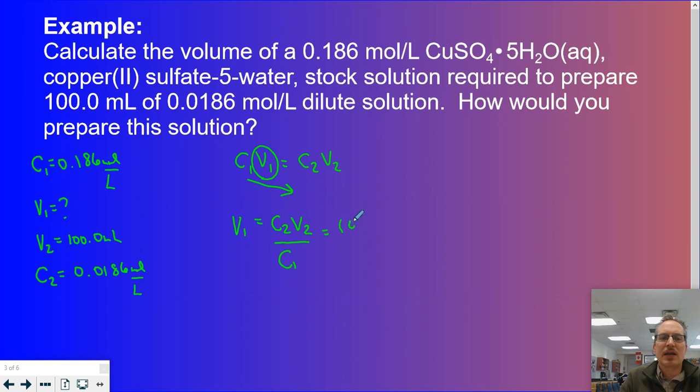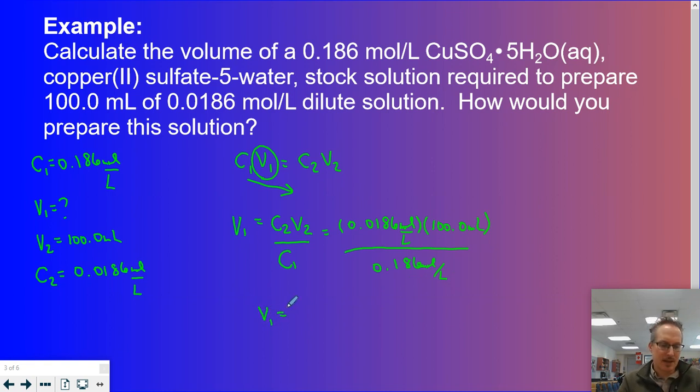So we're going to take 0.0186 moles per liter, multiply it by 100 milliliters, then divide it by 0.186 moles per liter.